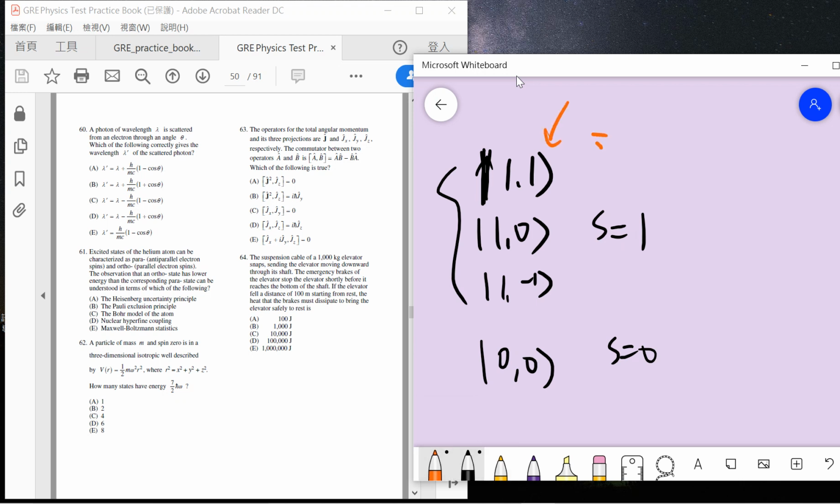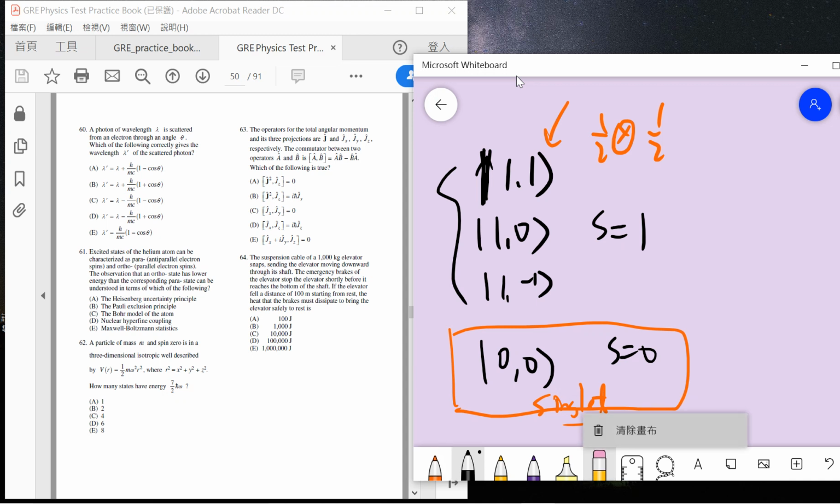Basically, it is just the direct sum of the 2 spin half electrons. So this is the singlet. Why is the singlet the ground state? This basically uses the Pauli exclusion principle. So 61 is just common sense.